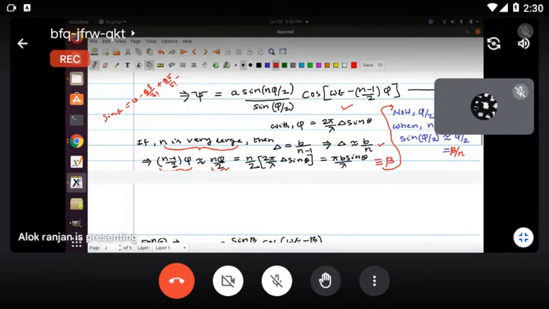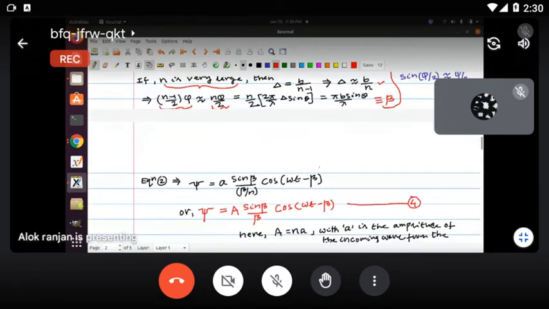So for small phi values, that can be approximated to first order, and the higher terms vanish. Therefore, sine phi over 2 is beta over n, and n phi over 2 is nothing but beta. So this resultant wave function will be sine beta over beta cosine omega t minus beta. That I have written down here.